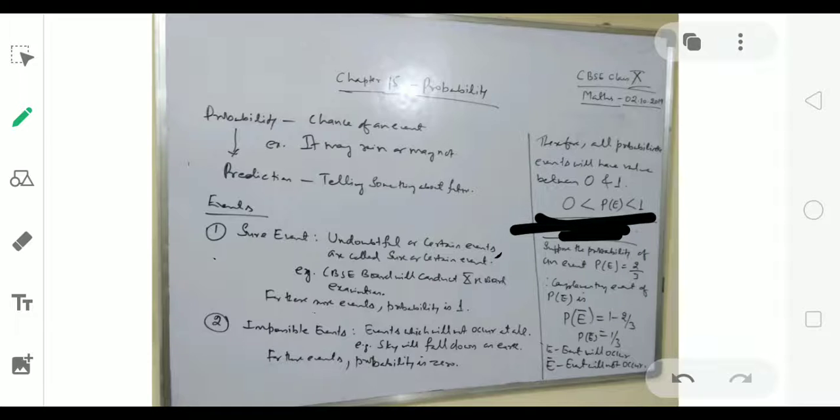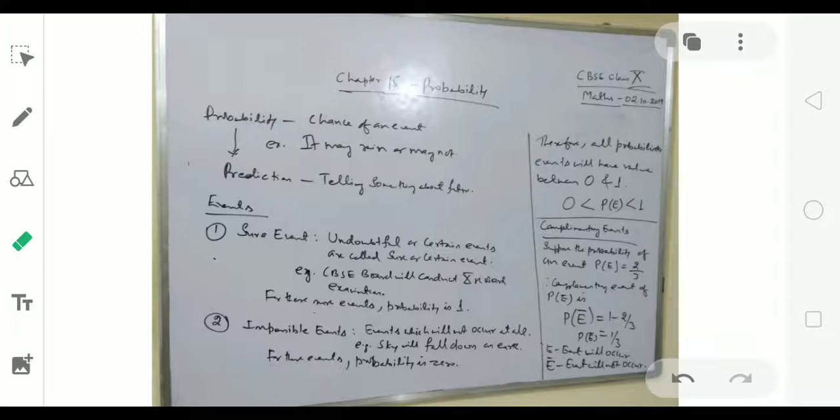Now suppose we are saying that the probability of occurring of an event is 2 by 3. Then how will we find the probability that this particular event will not occur? In that case, we write that the complementary event of P(E), that is P(E) bar, will be equal to 1 minus P(E).